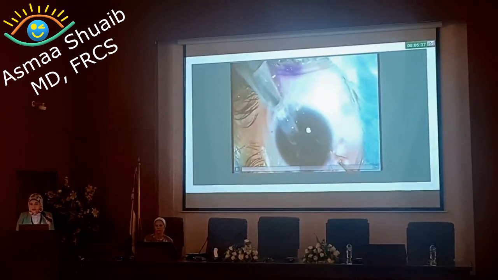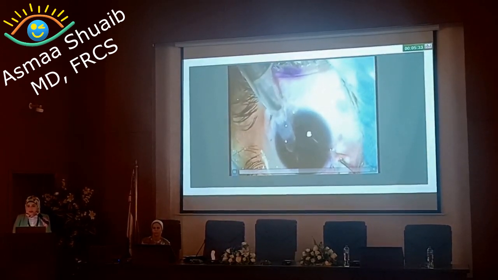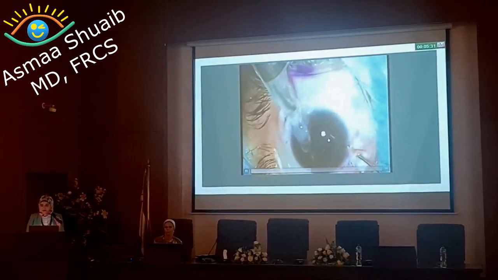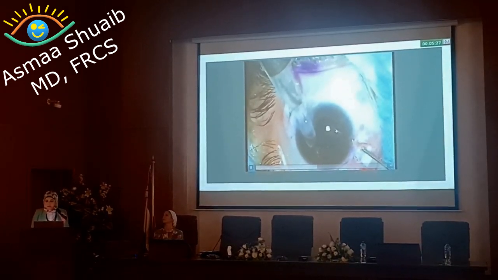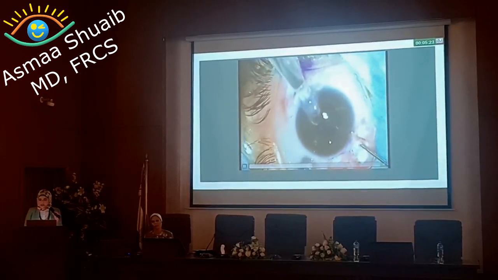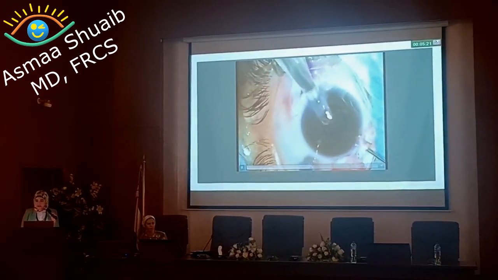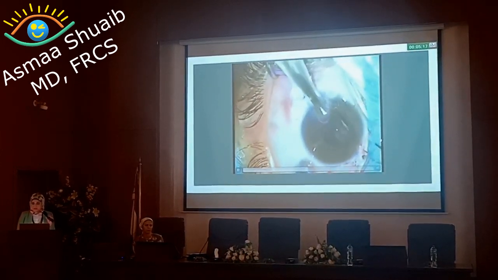After fashioning these flaps, you can insert a 23 gauge forceps and start to implant the IOL. Hold the haptic of the IOL from its tip and just implant the IOL gradually. After that, you can pull the haptic outside the eye.